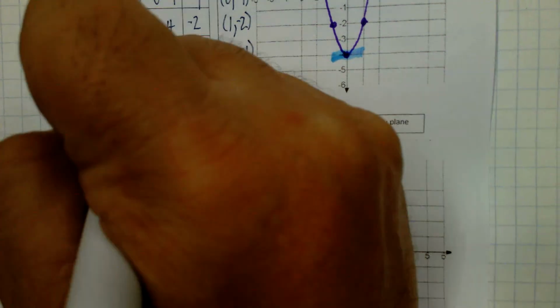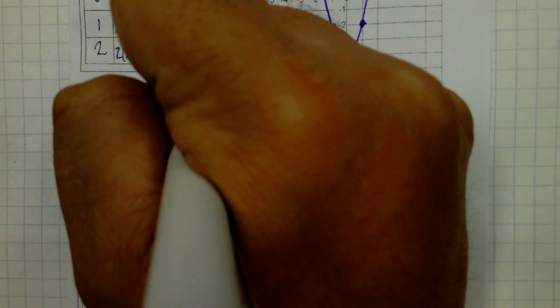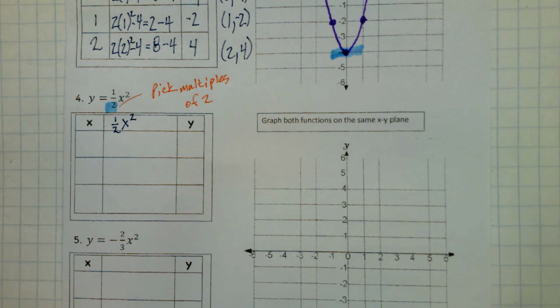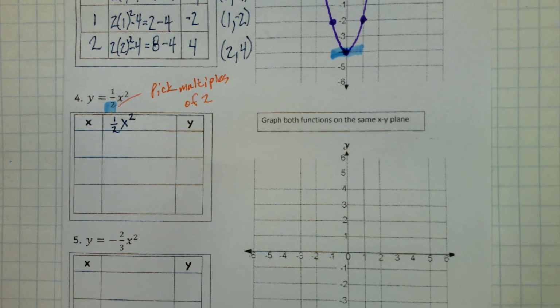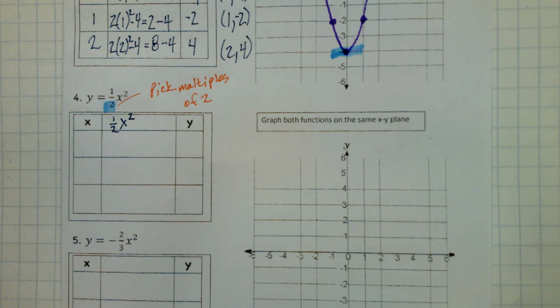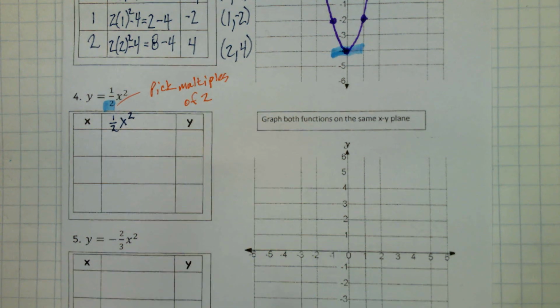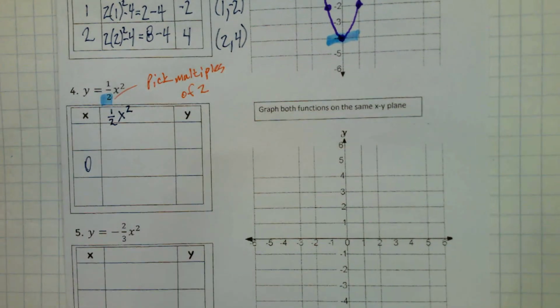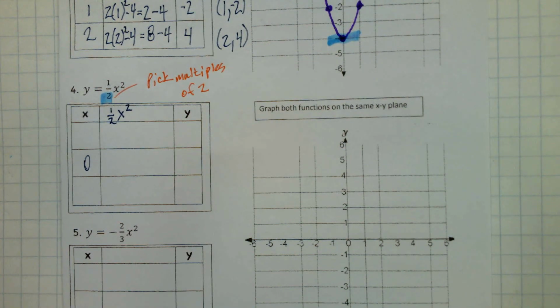Pick multiples of 2. You don't want to pick 3 or 5 or 7. And you want to keep the number small. And do yourself a favor, since you know it goes through 0, pick 0.